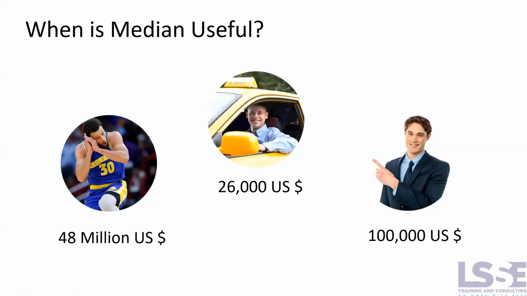The advantage of the median is that it is not affected by extreme values. So median is useful when your data has extreme values. In this case, the extreme value was the salary of Stephen Curry. If you use the mean to calculate the average salary, it can be misleading because of this extreme value that pulled the average.